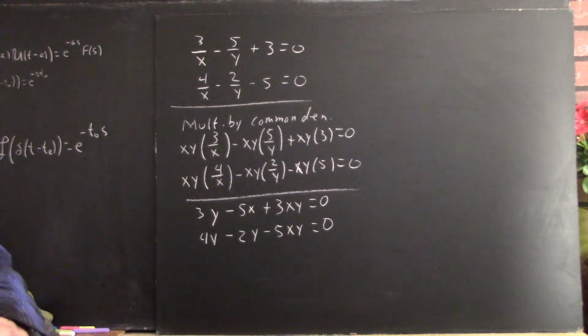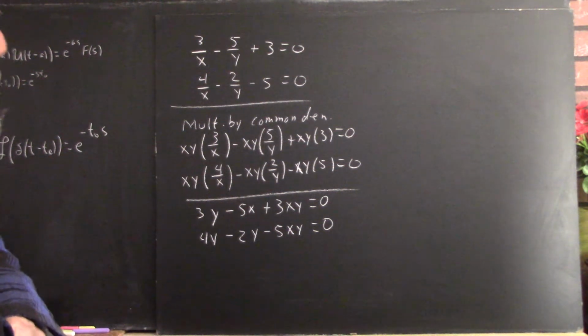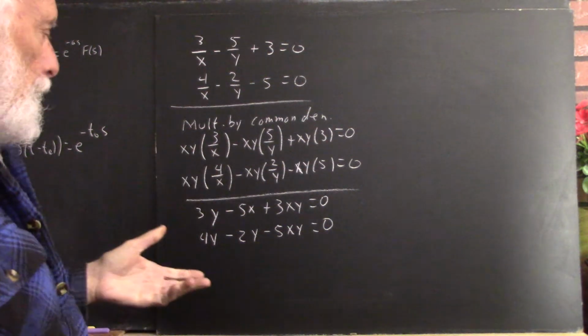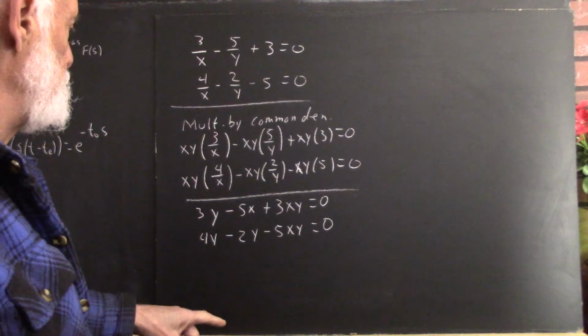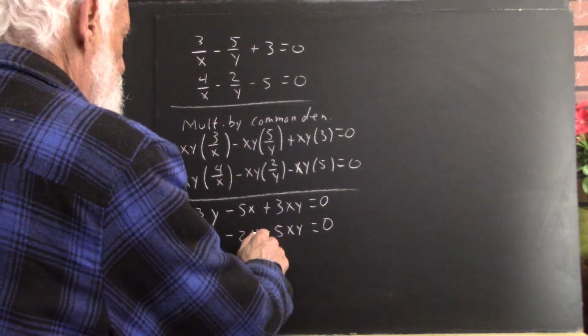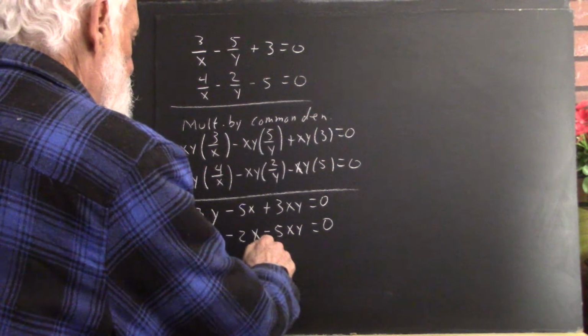Now, we have a couple of choices. If we want to solve, and let's see, something's wrong here. This should be an x. Okay.